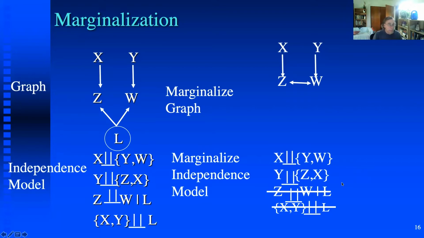So basically what I'm saying is that these graphs that I'm defining are closed under the marginalization operation. That is, I can just keep marginalizing them, and every time I marginalize them and apply m-separation, I get an independence model. And the independence model that I get is just the independence model that I get by applying the marginalization operation to the original independence model.